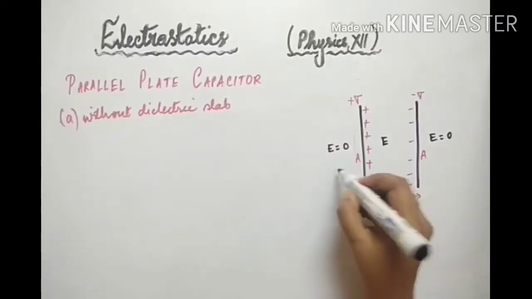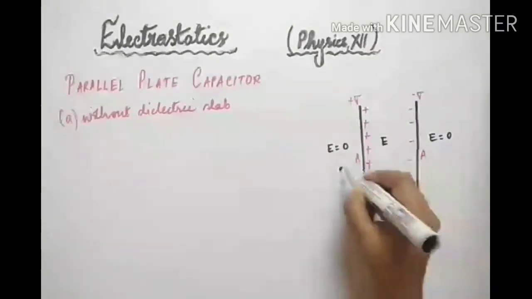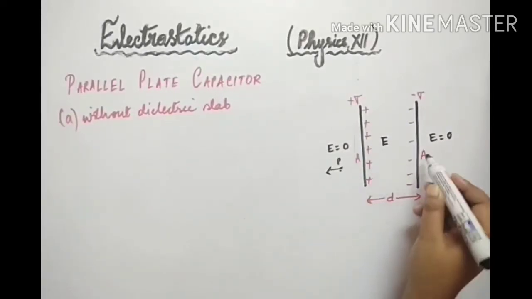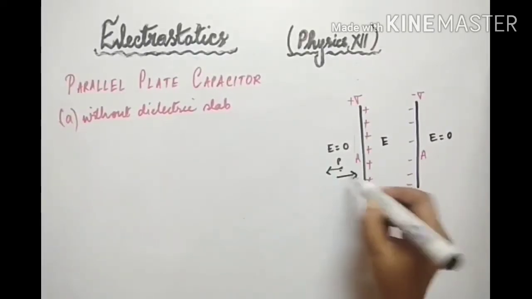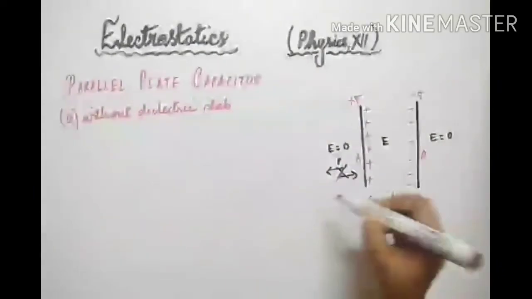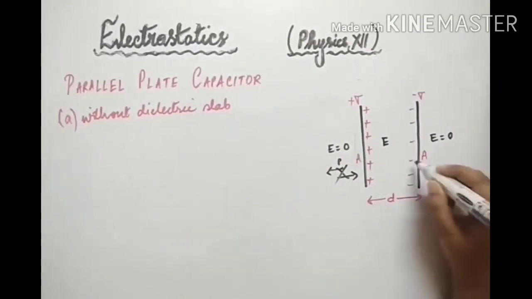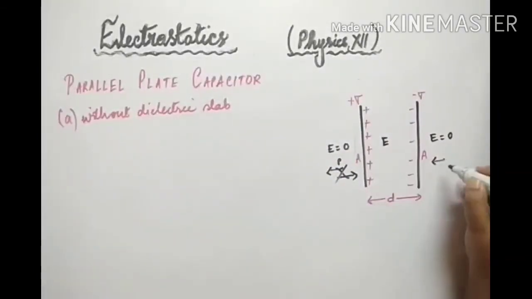Because if you consider a point P here, suppose, the electric field due to this plate will be in this direction and due to this plate will be in this direction. So obviously the electric field will get cancelled. Here also, due to this plate, the electric field will be along this direction, and due to the positive charge it will be along this direction. It will also get cancelled.